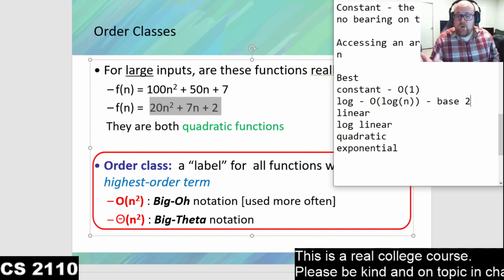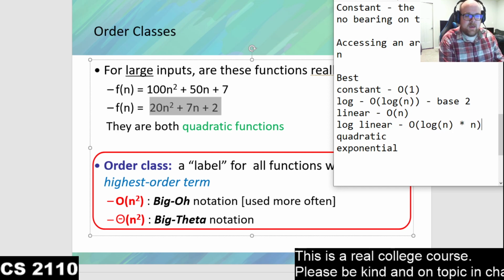And we'll get to a practical example of that in a second. From there, we have O of n. This is linear. Log linear is O of n times log of n, which is worse than linear, but not dramatically so.